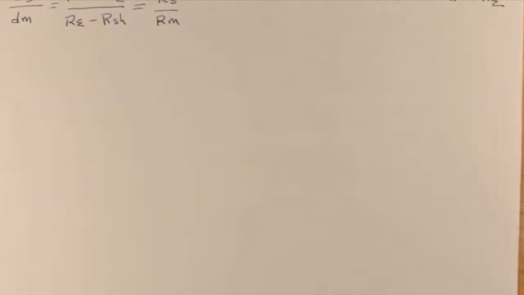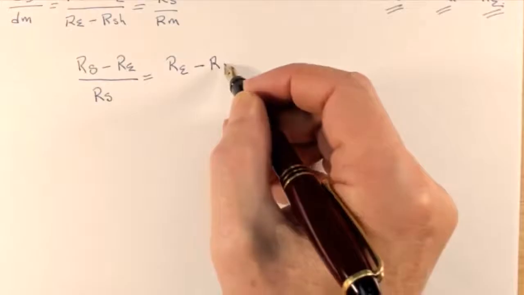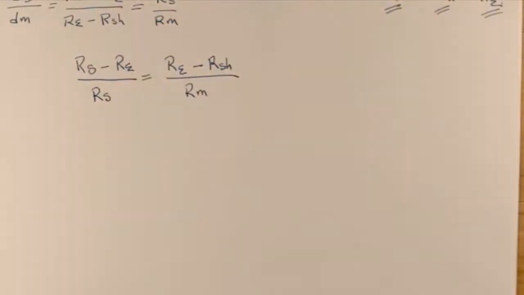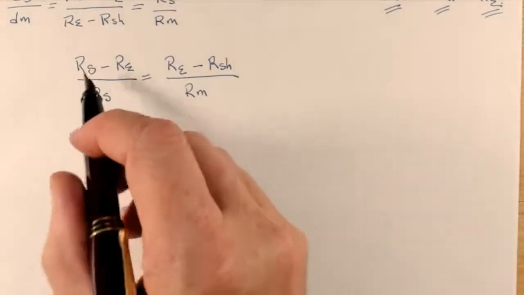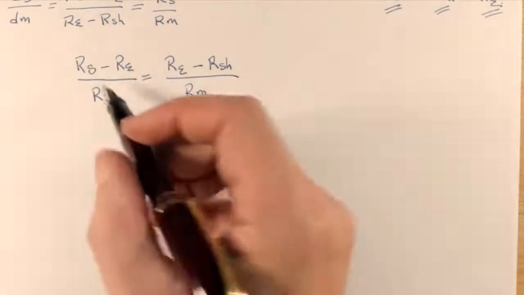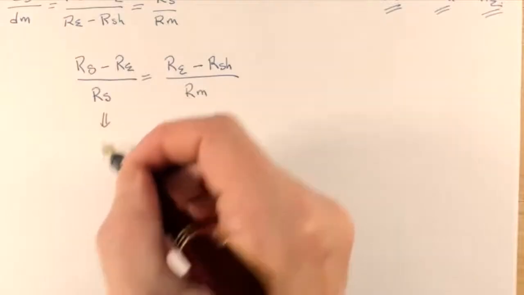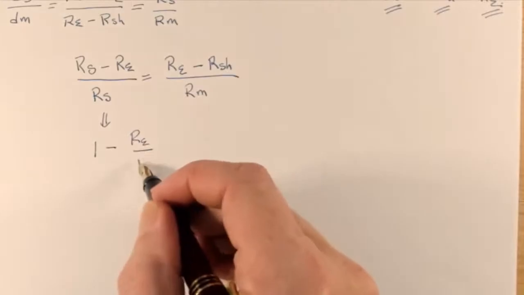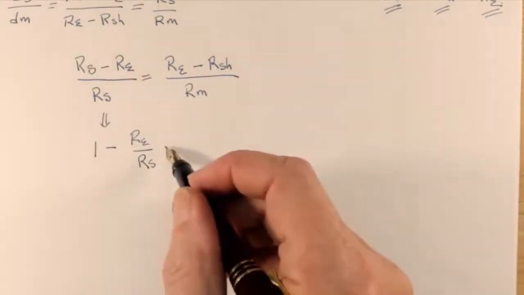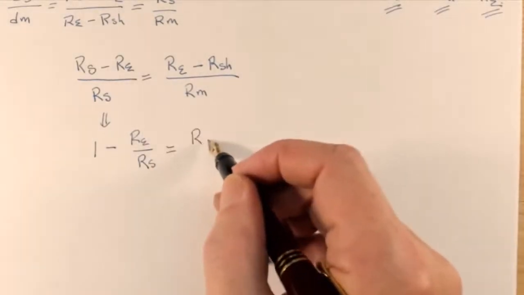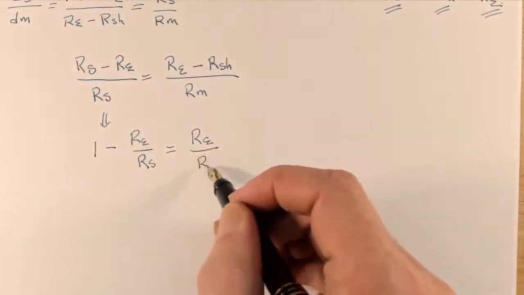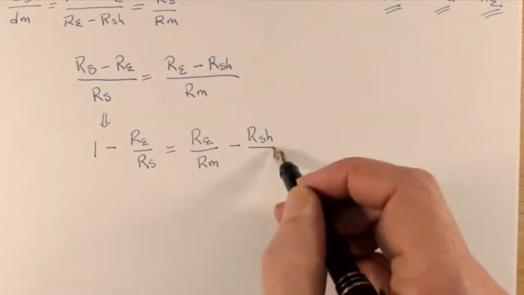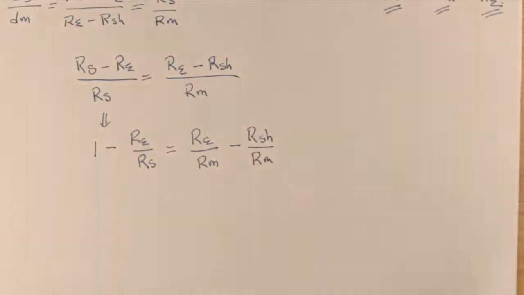Okay, so now we need to do a little bit of math. Now, one thing that should be immediately apparent is that we have two similar terms here. So we can rewrite this: 1 minus the radius of the Earth over the radius of the Sun equals the radius of the Earth over the radius of the Moon minus the radius of the shadow of the Earth over the radius of the Moon.